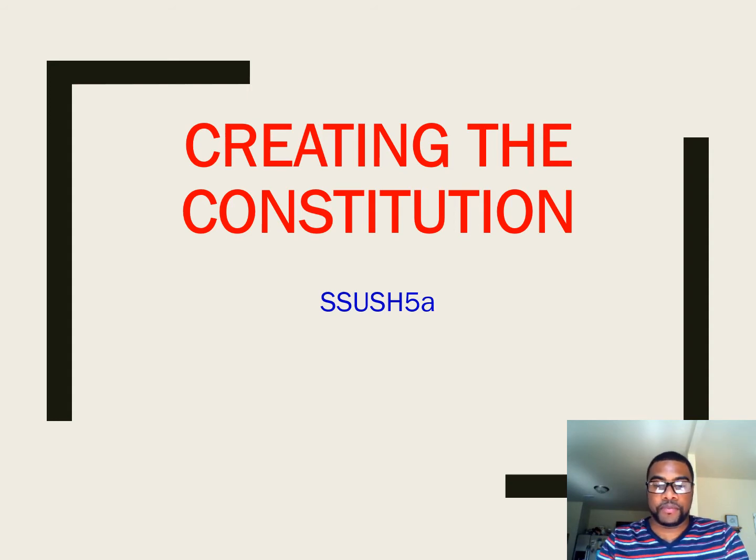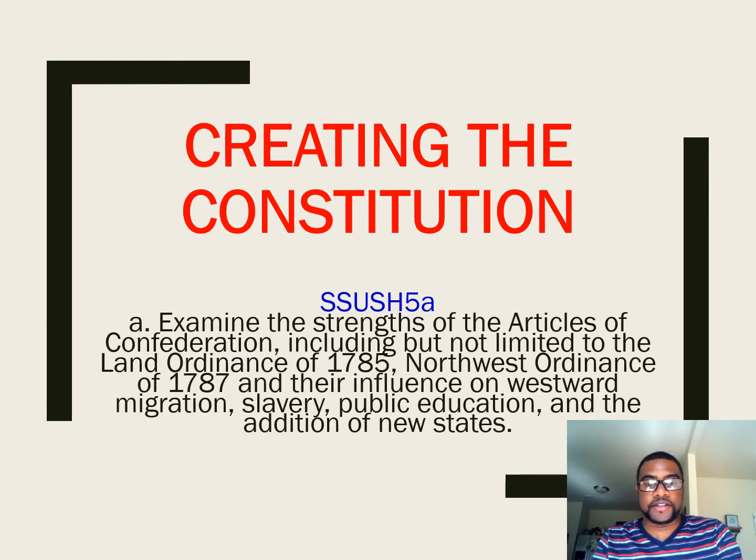This is the substandard, and it simply says, examine the strengths of the Articles of Confederation, including but not limited to the Land Ordinance of 1785, Northwest Ordinance of 1787, and their influence on westward migration, slavery, public education, and the addition of new states.